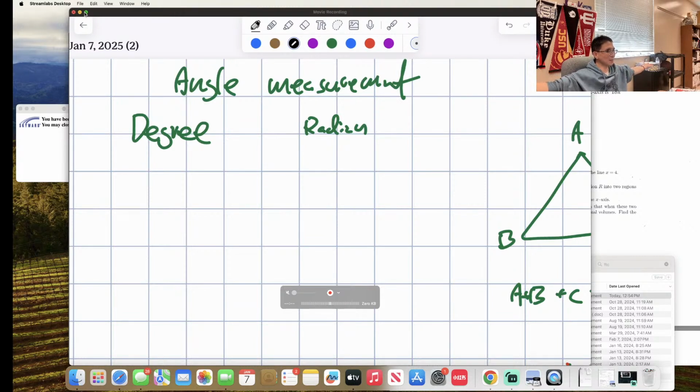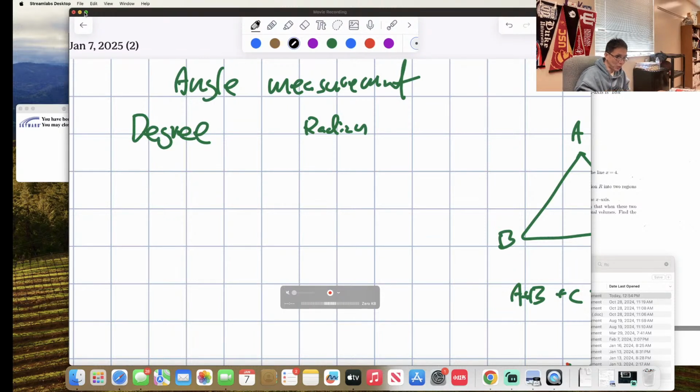It doesn't make sense. Matter of fact, in pre-calculus, you're supposed to know that each degree can be broken into 60 parts. It's called minutes. So 1 degree is equal to 60 minutes. In one small degree, it can break into 60 parts, and one of the small parts can break into another 60 parts. It's called 60 seconds.